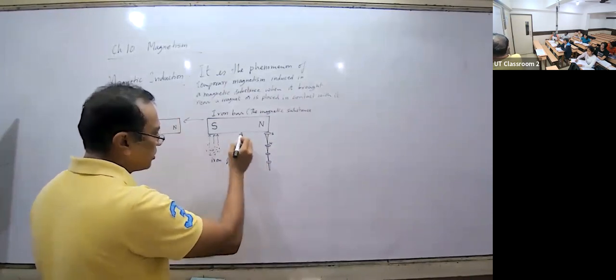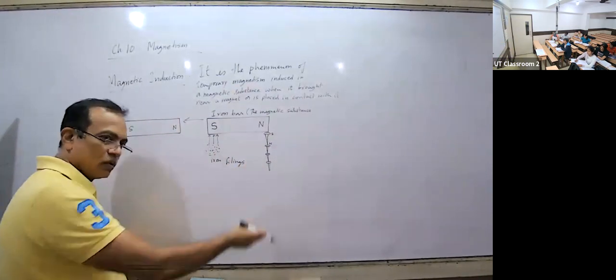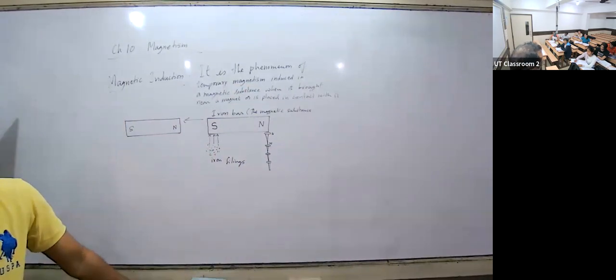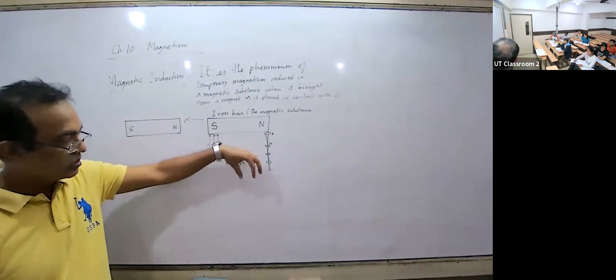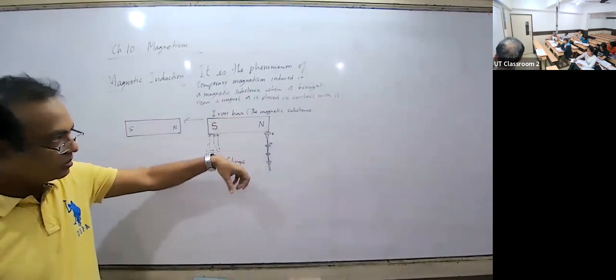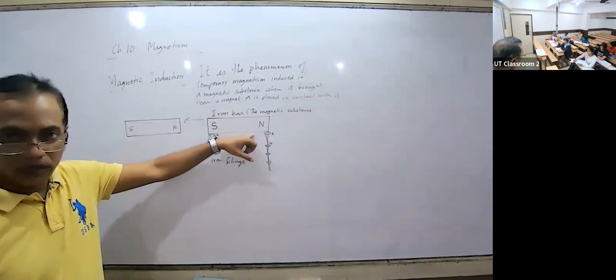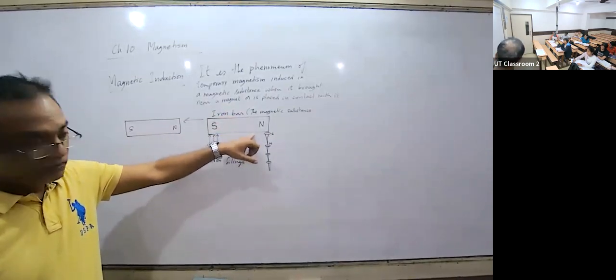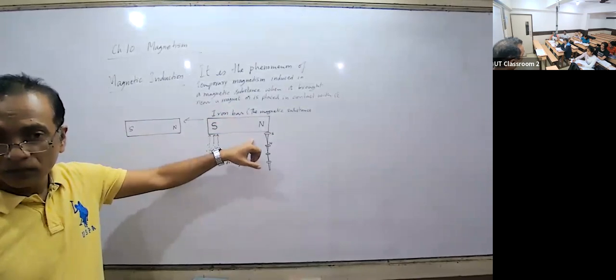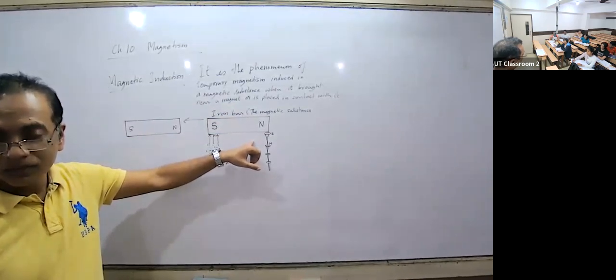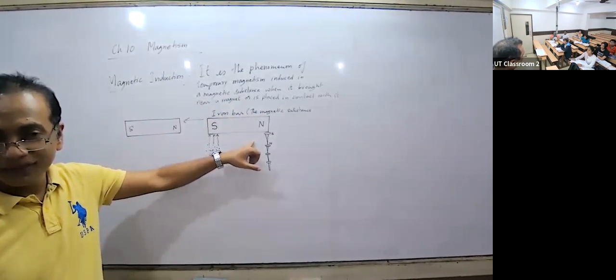So if I've kept it on a table, will it go on forever? Because some force, the magnetic force, is holding it, right? So how many nails will be held? 2. And why do you think so? Why not 3 or 4?